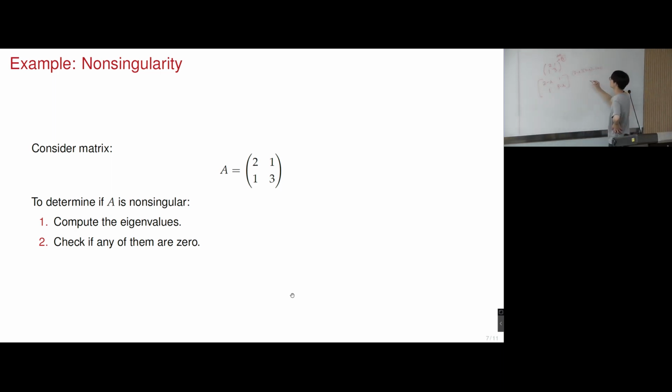Do the multiplication, you get lambda square, 5 lambda, and so on. Sometimes it might not give you a complex solution, but you can check that it's going to have non-zero elements.